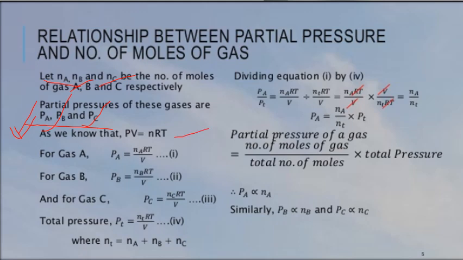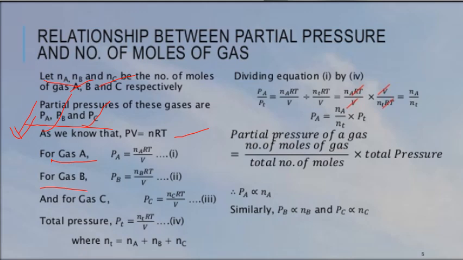The equation you know very well is PV = nRT. You can take out pressure from it. For gas A, or hydrogen, P hydrogen = n hydrogen RT upon V. For the second gas, PB = nB RT upon V, where B can be replaced by nitrogen. For C, PC = nC RT upon V, where C can be replaced by CH4.